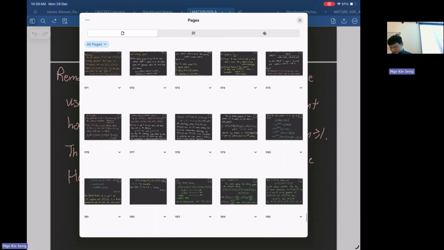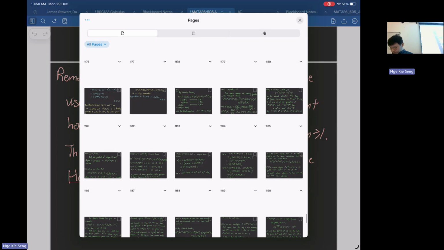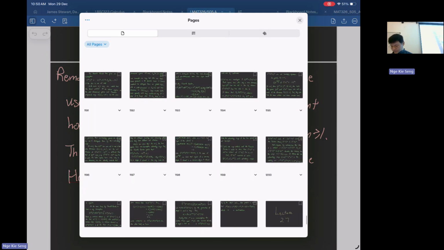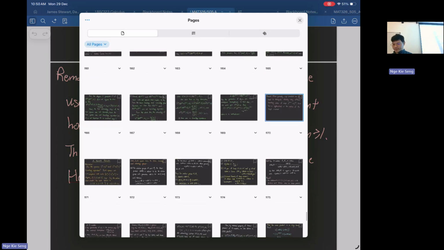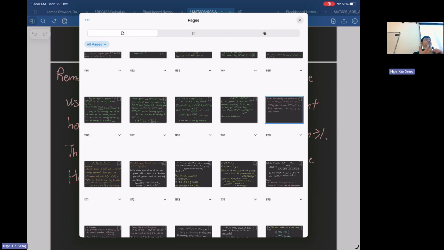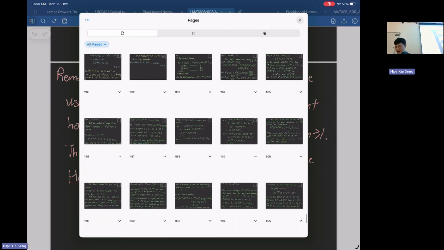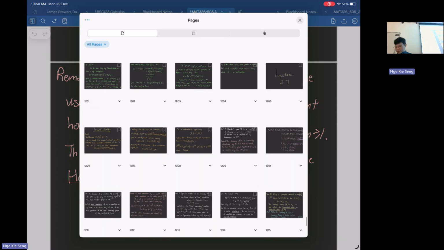For the rest of the 100 pages, I think one thing we will go into detail is the Künneth formula, because that's about the cohomology of product spaces. I think that's the last thing we want to cover for this technical part. And then Poincaré duality, we will just mention it.